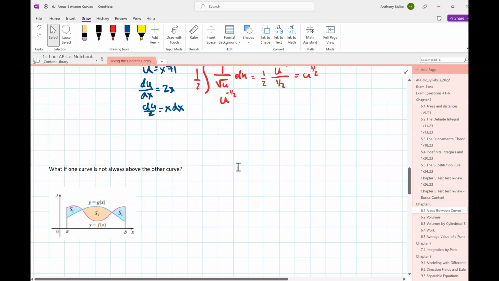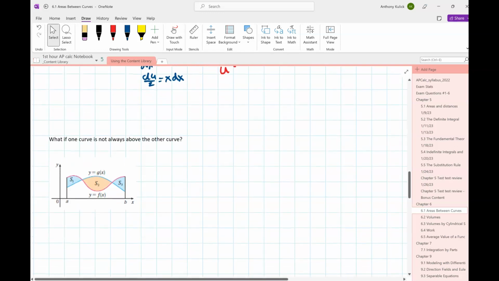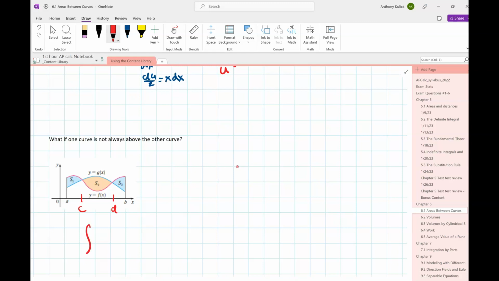What if one curve isn't always on top of the other curve, like this? We're just going to break this. Say that this is like C and this is D. So we do the integral from A to C of f of x, which is on top here.